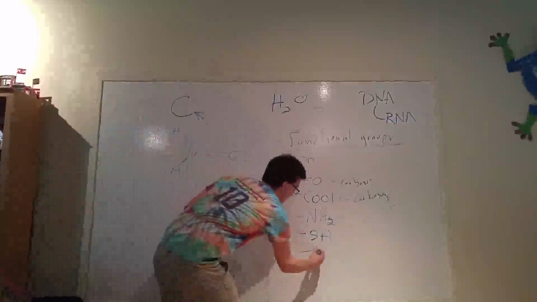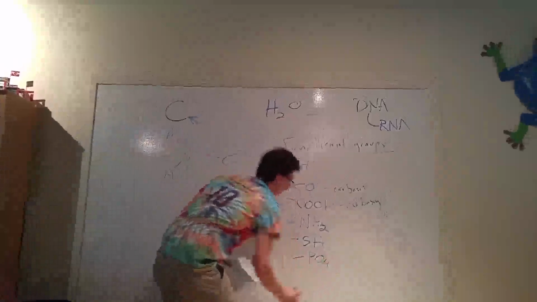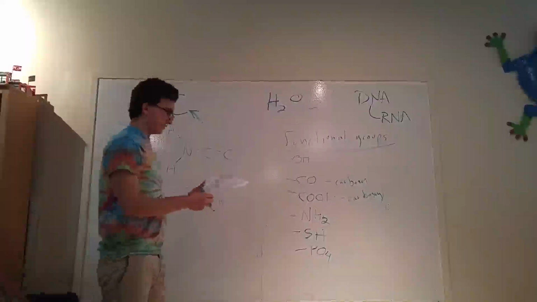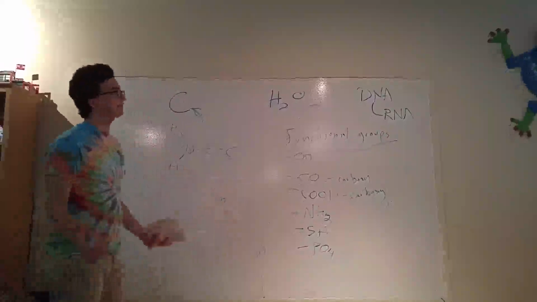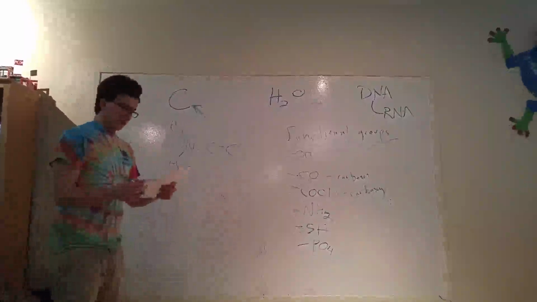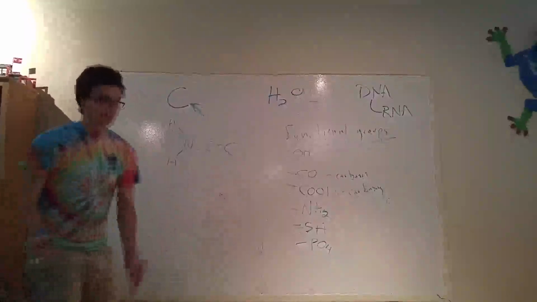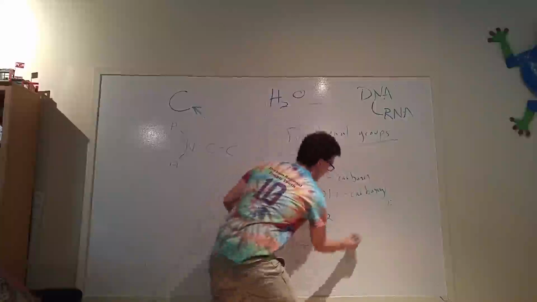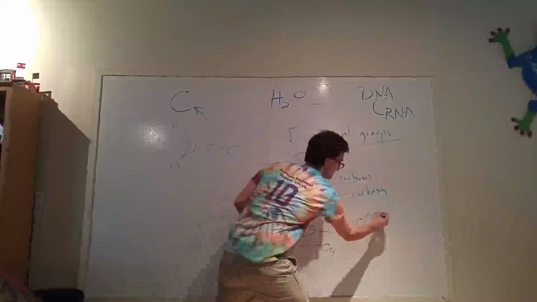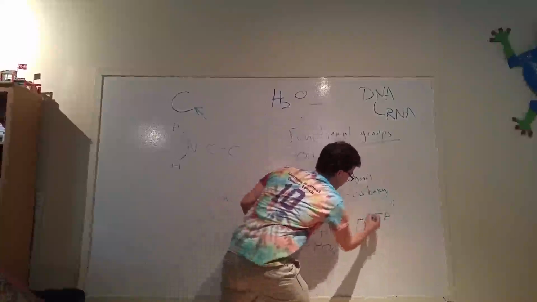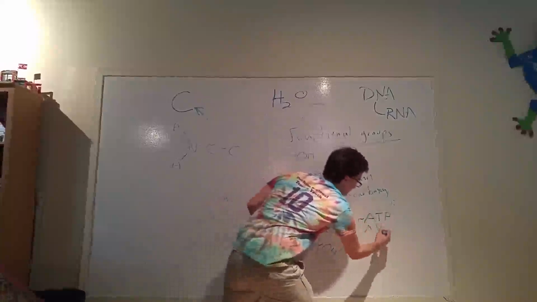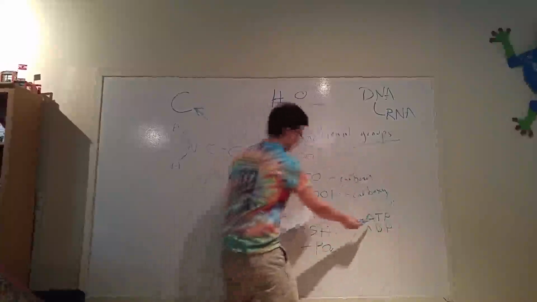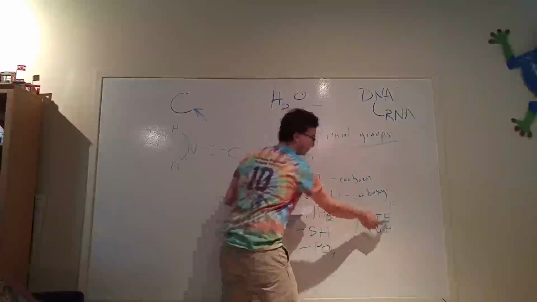And the very last one is phosphate, PO4. Phosphate is important because it makes organic phosphates. And the organic phosphates are what we use as energy. If you've ever heard of ATP, or ADP, ATP stands for adenosine triphosphate.